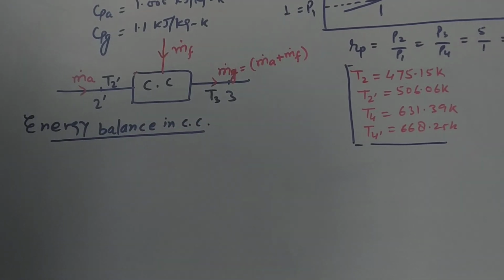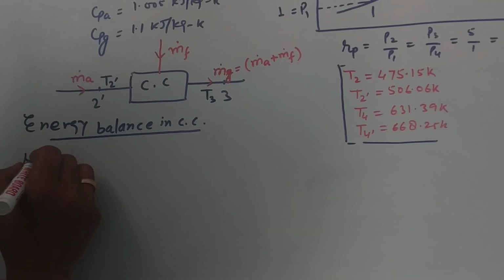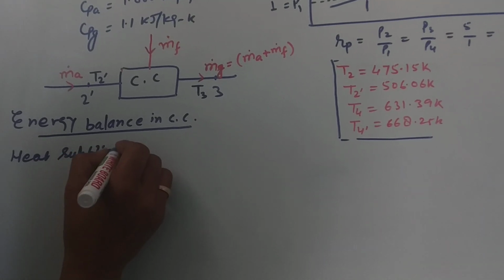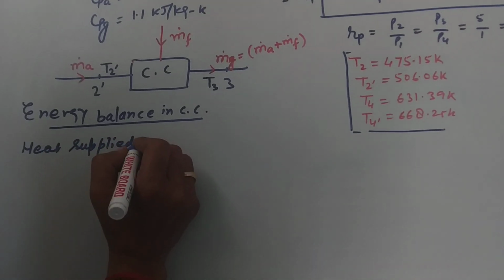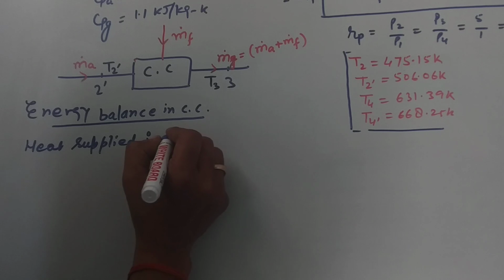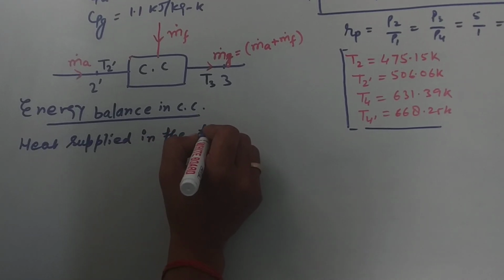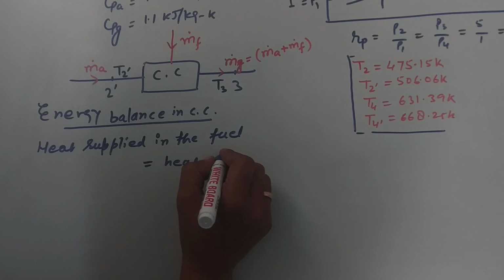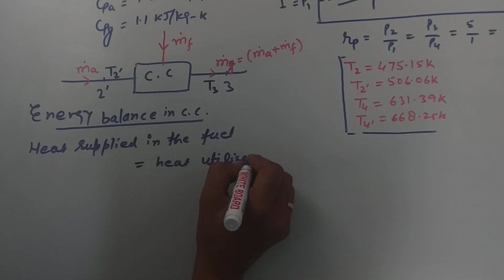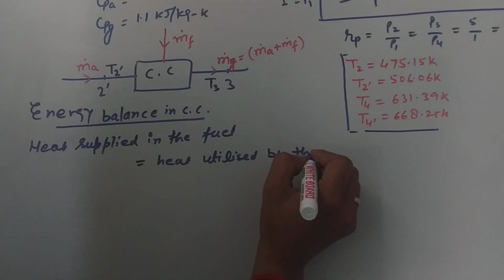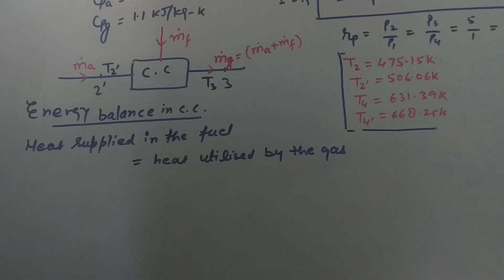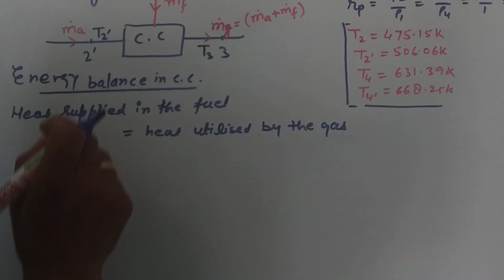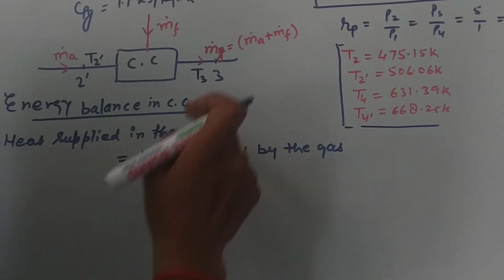You can write heat supplied by the fuel is equal to the heat utilized by the gas. Heat is supplied by the fuel, heat is utilized by the air, and it converts into the gases.